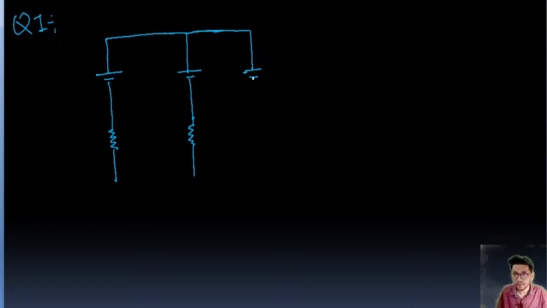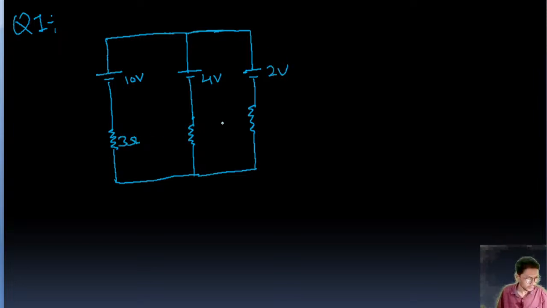Here 10 volt is given, 4 volt is given, and 2 volt is given, and the resistances are 3 ohm, 2 ohm, and 1 ohm.